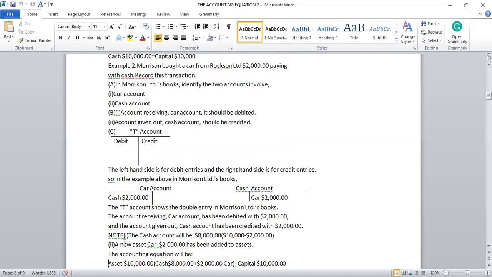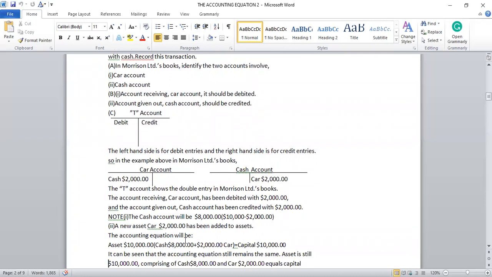And the $2,000 is a new asset, car, $2,000, that has been added to the assets. That means we initially had $10,000, but because $2,000 has been taken out to buy the car, the cash has been reduced to $8,000, and a new asset, car, $2,000, has been added.